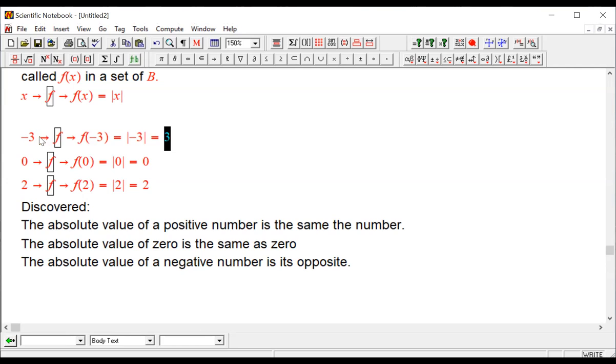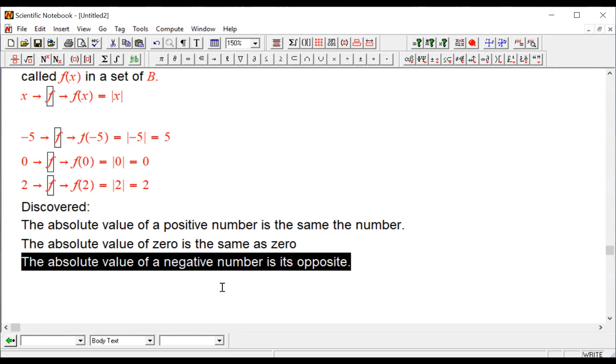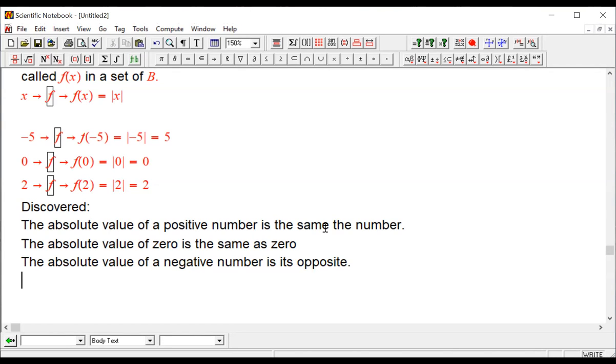Is it always the case? Of course, if the input is -5, the output is 5. 5 is the opposite of -5. So it's always true. The last sentence is often the most difficult to understand.